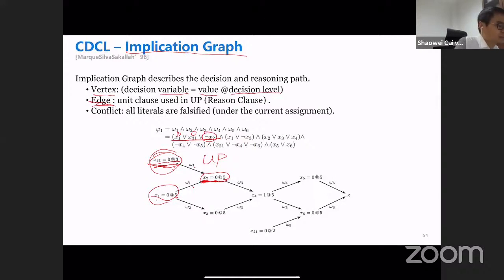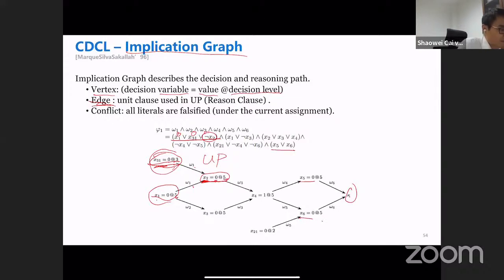Before we go to the details, we can give an intuition about how important this graph is. So here finally we get a conflict, and this conflict is implied by the previous assignments. This conflict is implied by x5 being 0 and x6 being 0 at level 5.